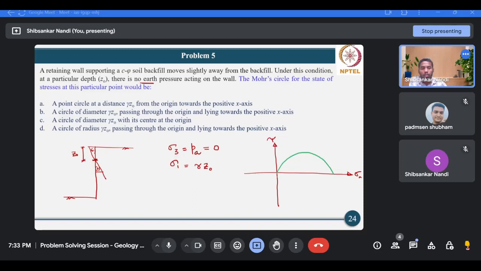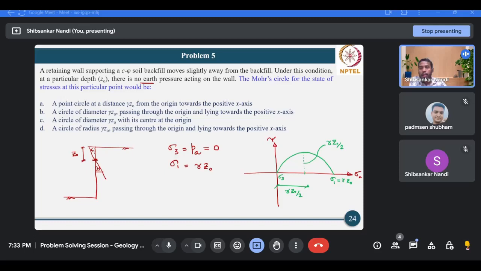This is your sigma 3, this is your sigma 1 equals gamma z0, and this is the center of the Mohr circle, gamma z0 by 2, and this is again gamma z0 by 2. Now we'll read out the options given to this problem.